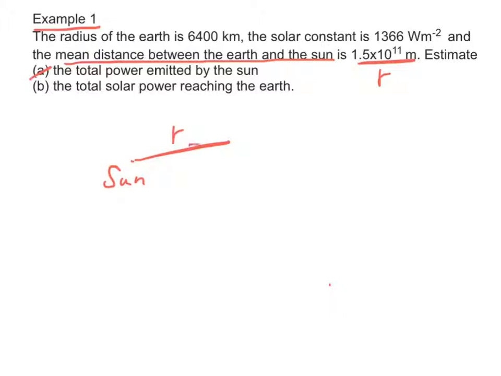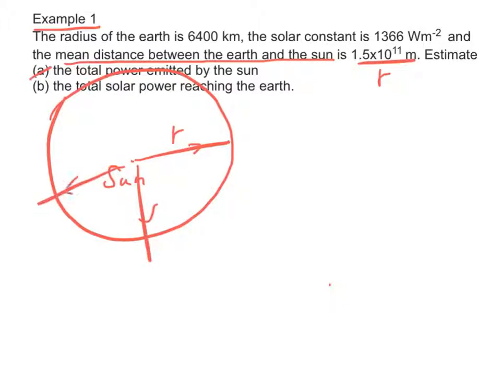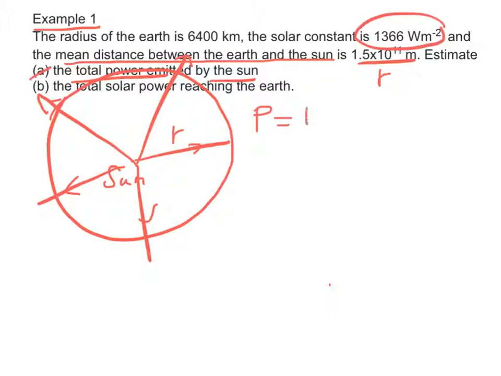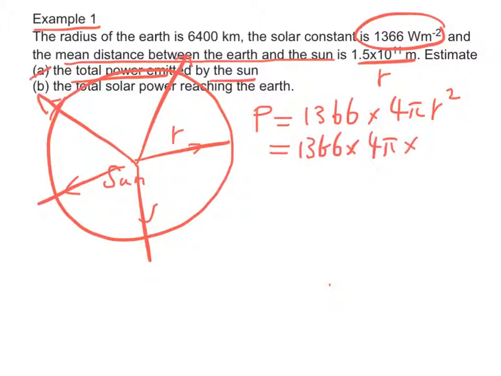Hence, we have the total power emitted by the Sun equal to solar constant 1366 times 4 pi r square, which is equal to 1366 times 4 pi times (1.5 times 10 to the power 11) square, which is equal to 3.86 times 10 to the power 26 watts.